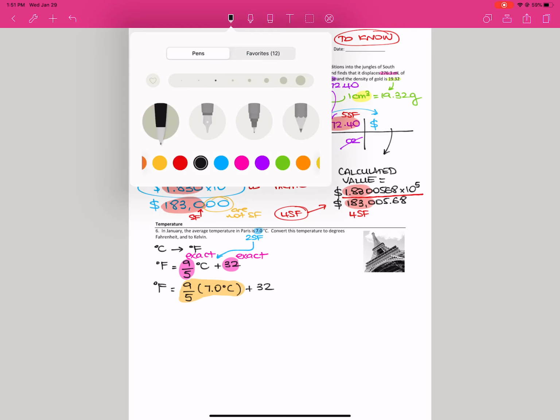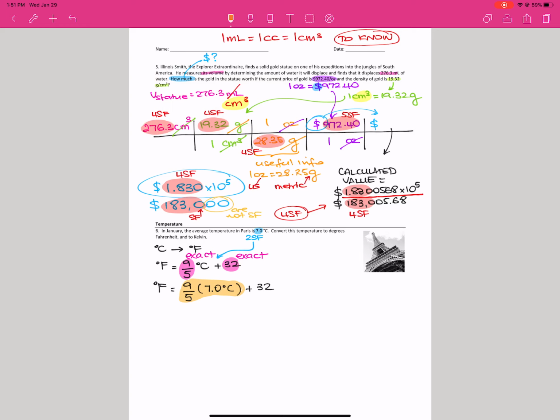It's an exact number, the 9/5, times the 2 sig figs for 7. When I plug this into my calculator, I get 12.6. I'm not rounding here. The reason why I don't want to round is because I'm not done yet. But I know that I will need only to keep these 2 sig figs.